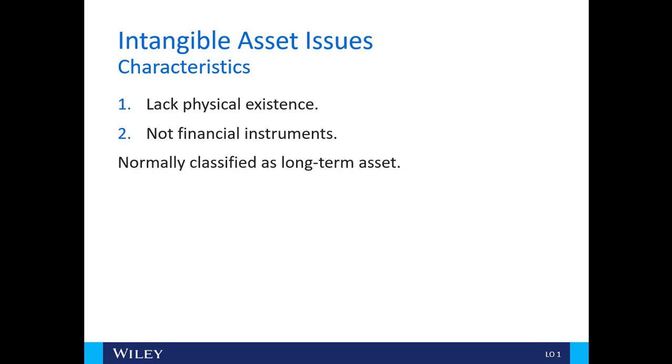So first of all, an intangible asset is an asset, meaning a resource that our business has, but it lacks physical substance, and it's not a financial instrument. So we're going to see some great examples of intangibles such as copyrights or a trademark. These are definitely resources, things of value to the business, but they're more of an idea.